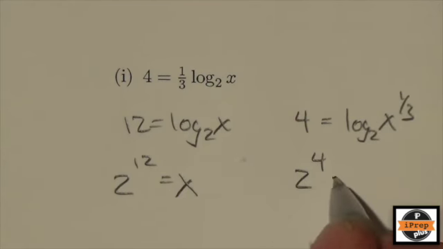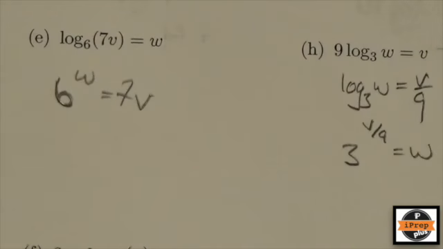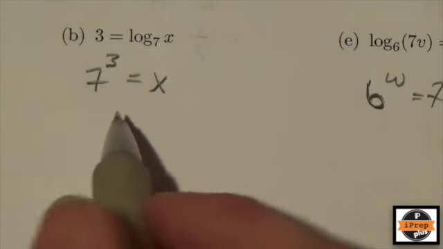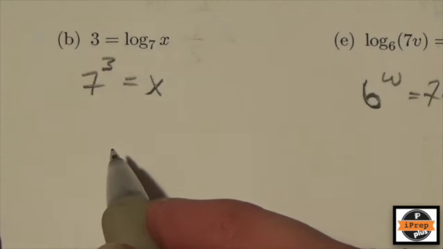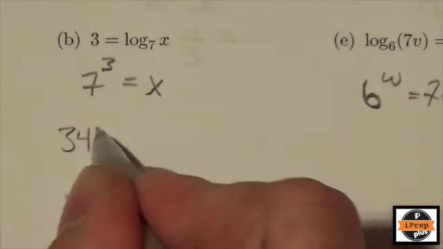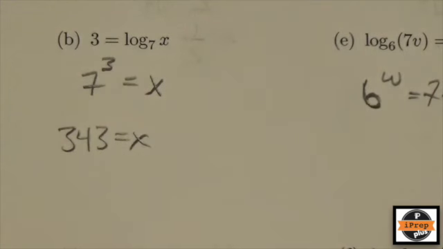Now, if you really did feel the need to go back and evaluate some of these, let's take a quick look. Okay, A. There was really nothing we could do with A. A is fine. But now here, if you really wanted to, because it didn't feel right leaving it like this, 7 cubed is 343, and that would be equal to the value of x there.